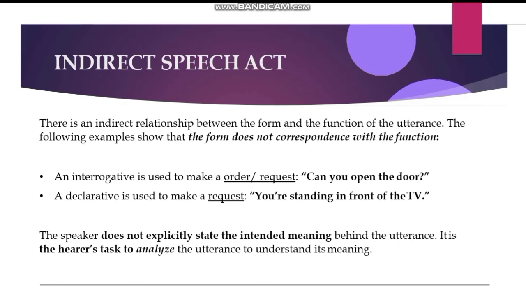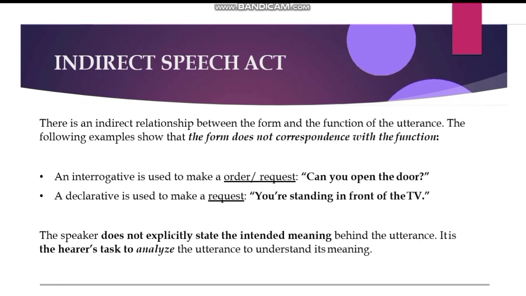And the next is about indirect speech act. There is an indirect relationship between the form and the function of the utterance. The following examples show that the form does not correspond with the function. An interrogative is used to make an order or request.